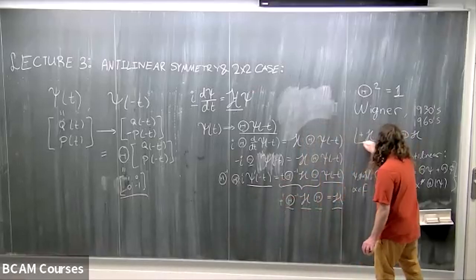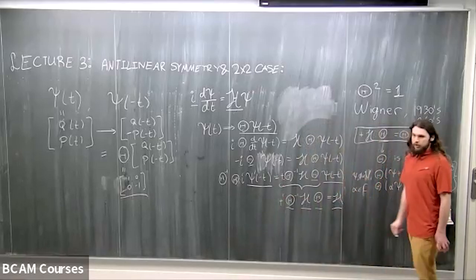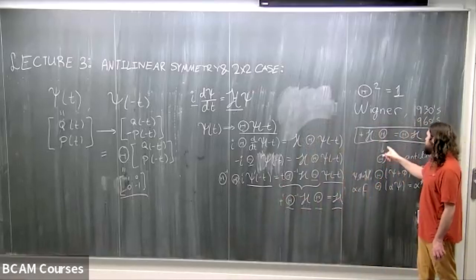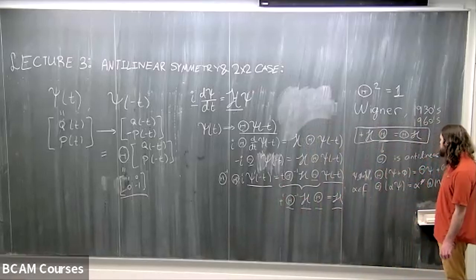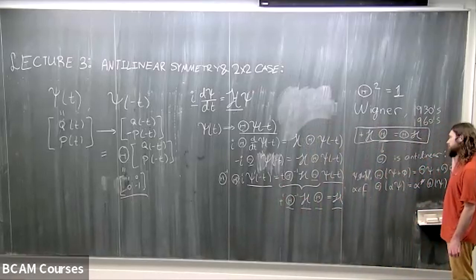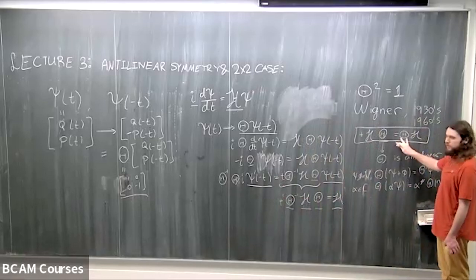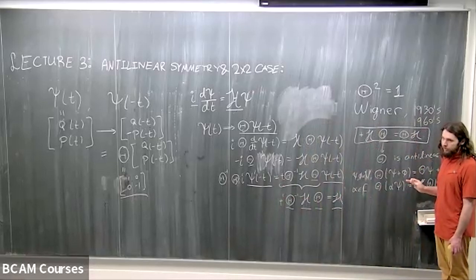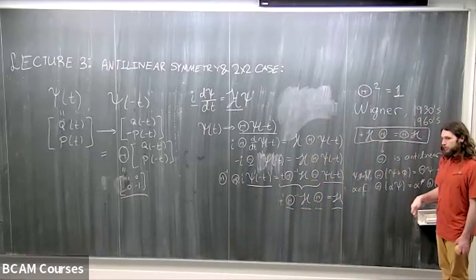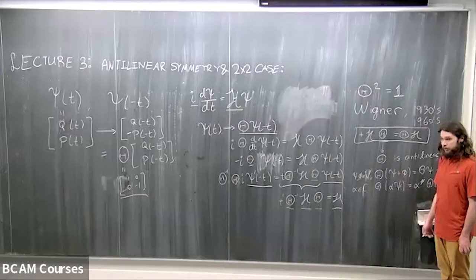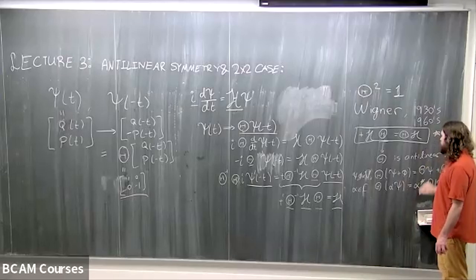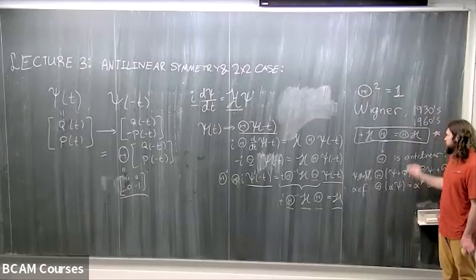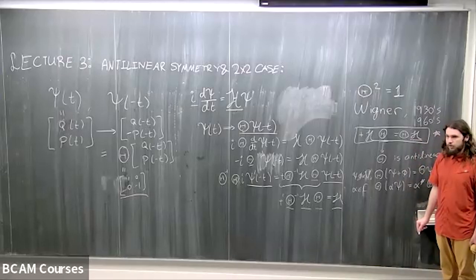So first of all, by assuming that theta is antilinear, I've changed it from theta anti-commuting with h to theta commuting with h. And so now you might think, if you were to interpret theta as a linear operator, that this would place no constraints on what the spectrum of h has to look like, because any operator can commute with some other invertible operator. You can always construct that. However, this constraint does in fact put constraints on the spectrum of the Hamiltonian, and we'll see that shortly.